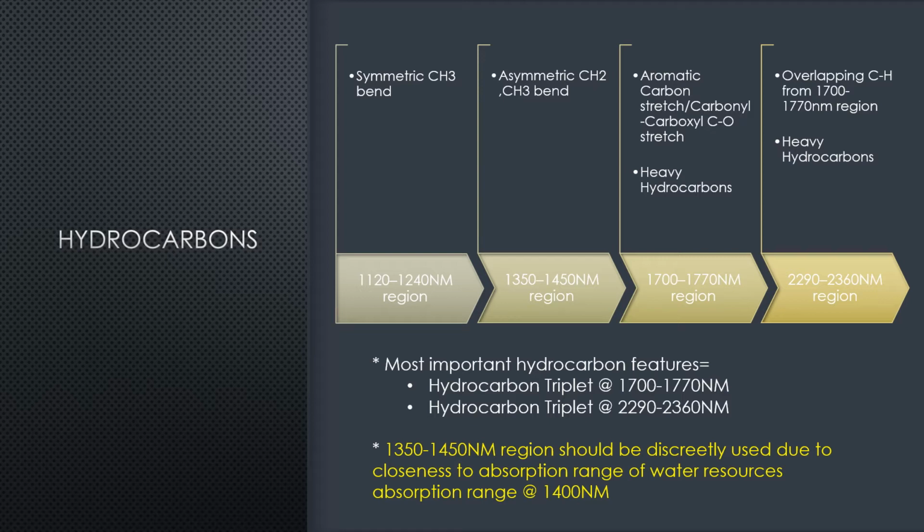A lot of times this region is very minute. While still visible, the features are very small in soil samples, which I will point out later. Therefore, the spectrum of soil samples that were used in this study were examined in terms of presence of hydrocarbons only in absorption ranges of 1700 nanometers to 1770 nanometers and the 2290 to 2360 nanometer region.